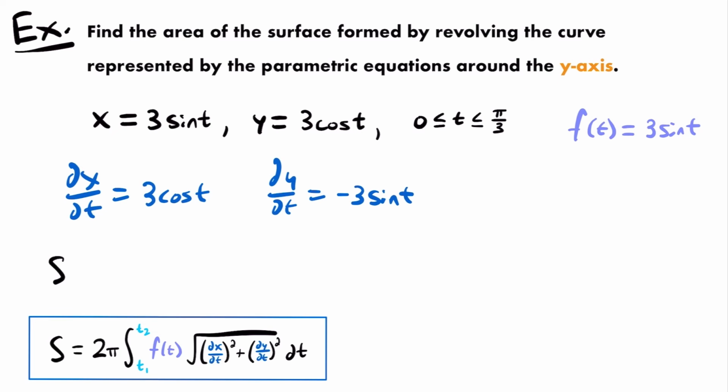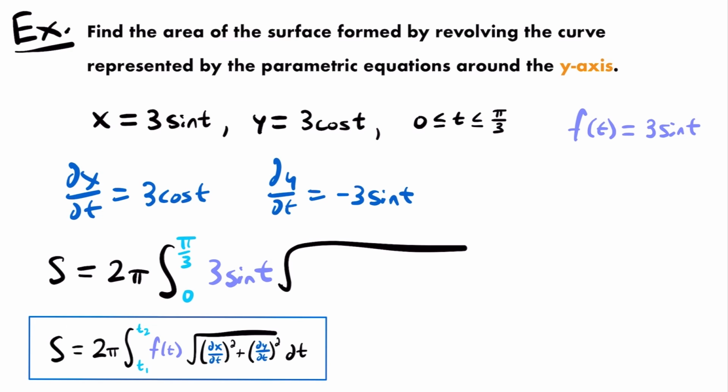All right, so we're going to have s is equal to 2 pi times the integral from our lower bound of t to our upper bound of t. In this case, that will be from 0 to pi divided by 3. So we'll have 0 to pi divided by 3. And then inside the integral, we have small f of t, which is 3 times sine t. So we'll have 3 times sine t times the square root of dx dt squared plus dy dt squared.